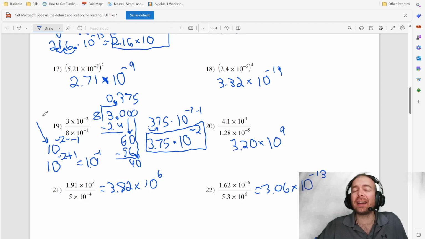If there's already a negative sign, you don't just leave it there. You keep it, but you add another negative sign, even if it looks weird. You just got to do it. So it's not -2 minus 1. There's already a negative sign in front of the 1. It's subtracting the two numbers.